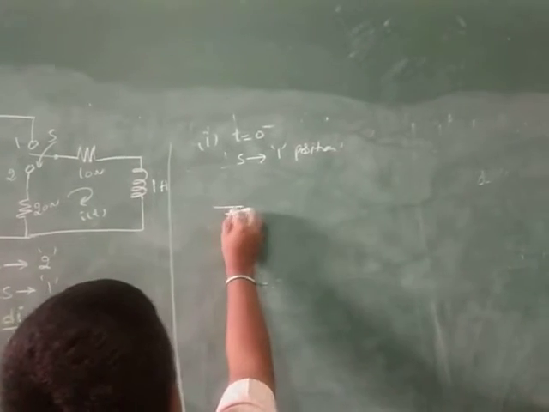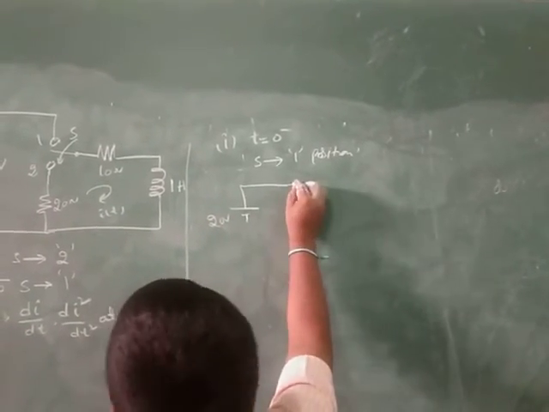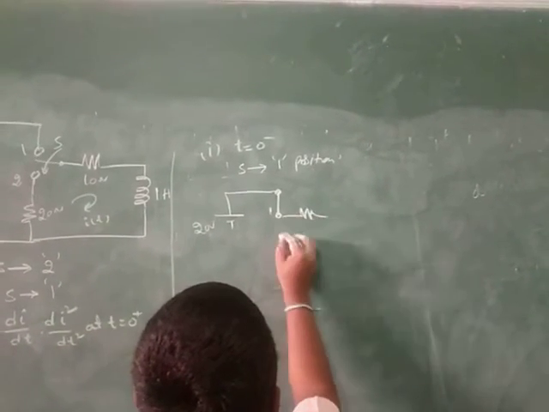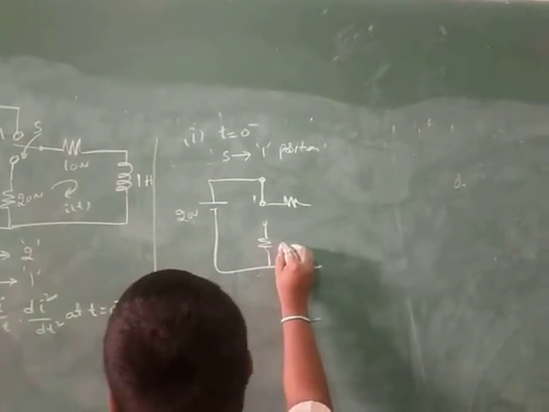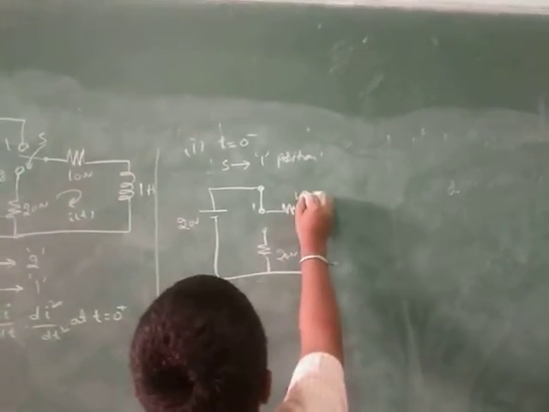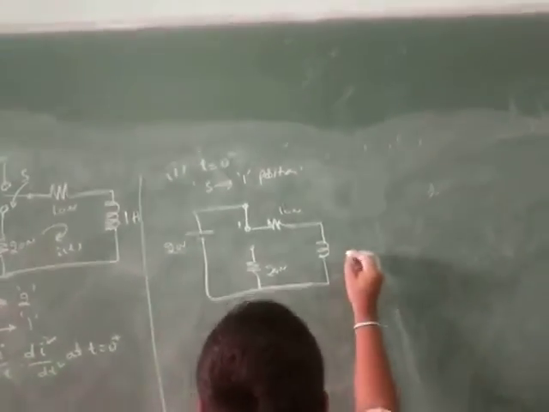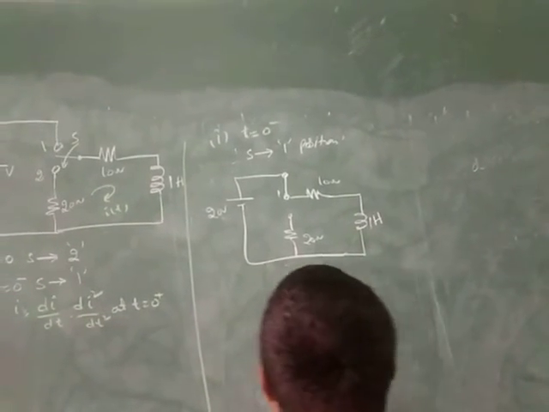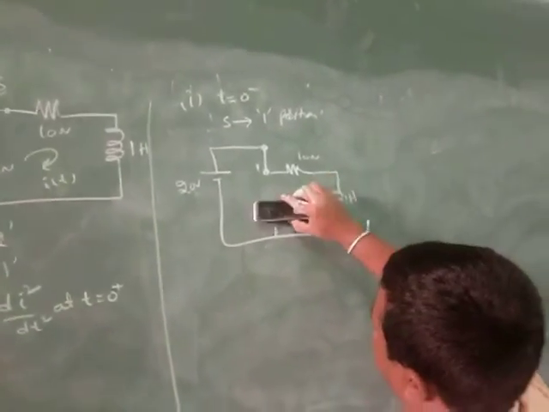Then the equivalent circuit is this 20 volt voltage source, and this is switch 1, and here it is a 20 ohm resistor, a 10 ohm resistor, here a 1H inductor, and there is no current flowing through the 20 ohm resistor. This 20 ohm resistor is simply eliminated.